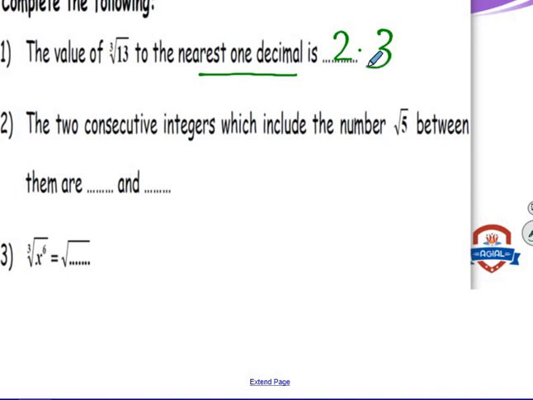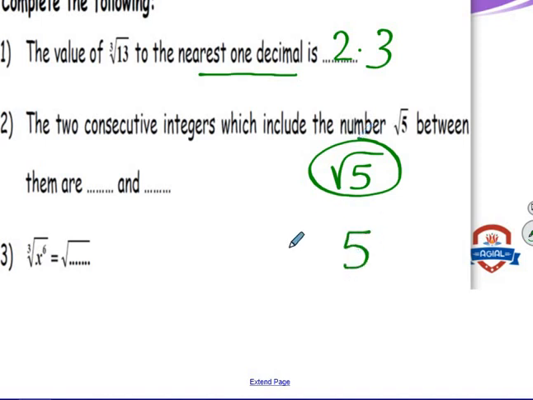The two consecutive integers which include the number square root of 5 between them are what and what? We have the square root of 5. I need to find the square root of 5 in between what and what?